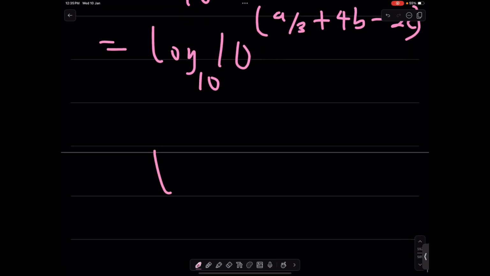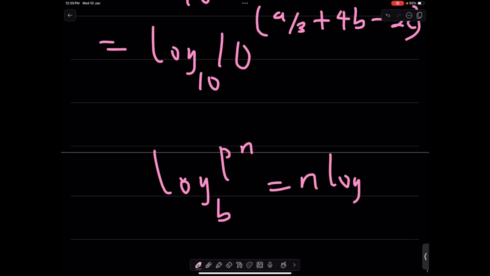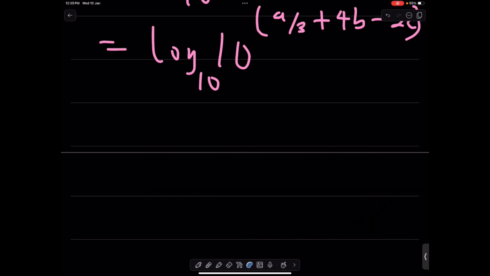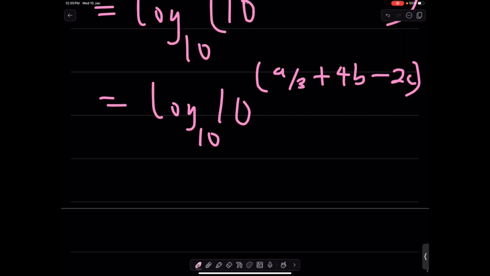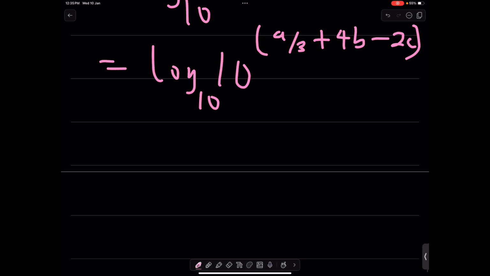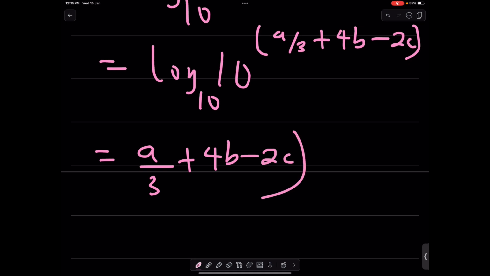And if you remember, log p raised to the power n base b is the same as n log p base b. So that's the law I'm applying here. That simply means log 10 raised to the power a over 3 plus 4b minus 2c to base 10 is the same as a over 3 plus 4b minus 2c times log 10 base 10.